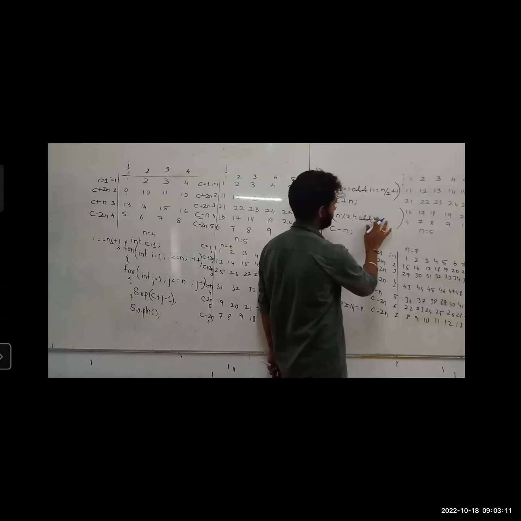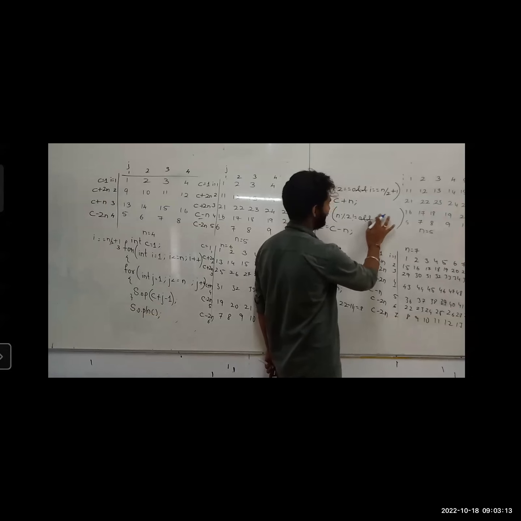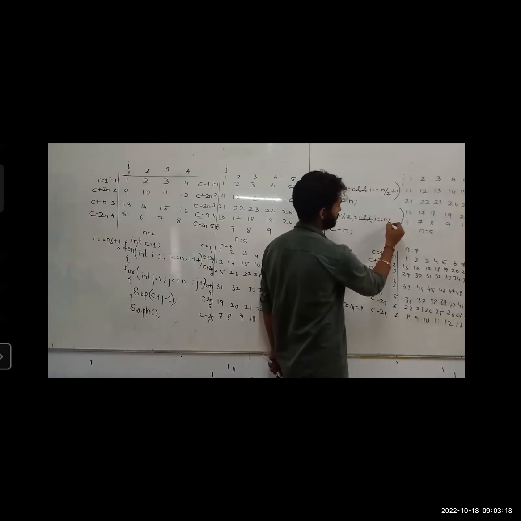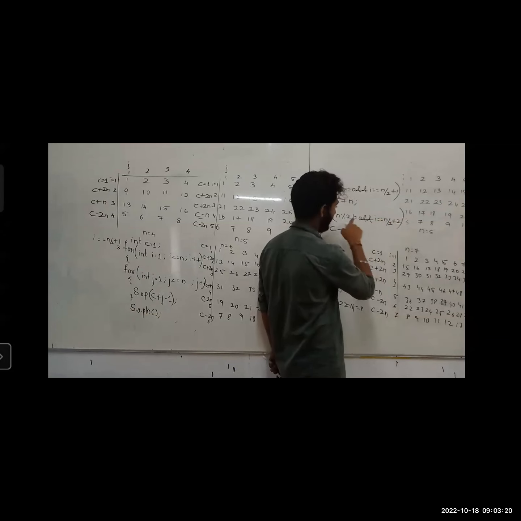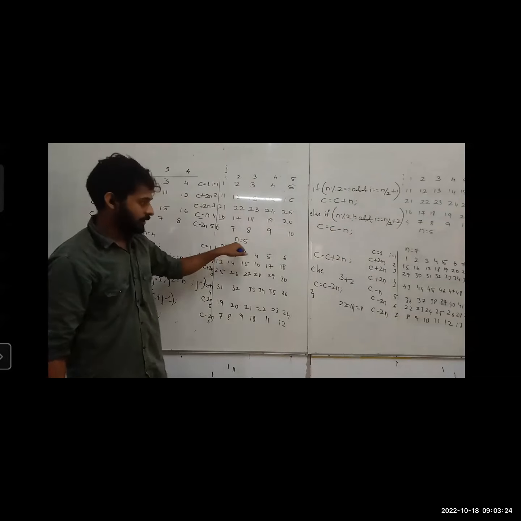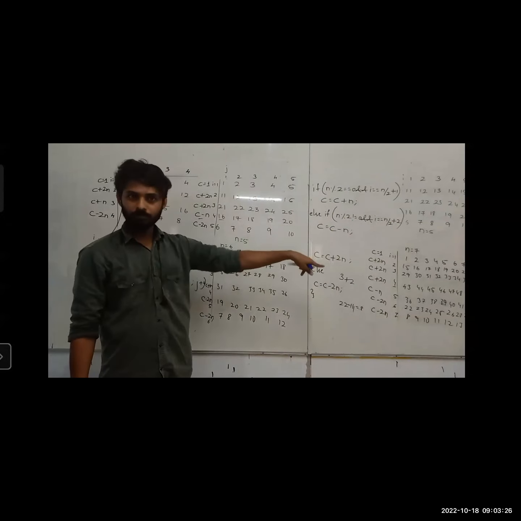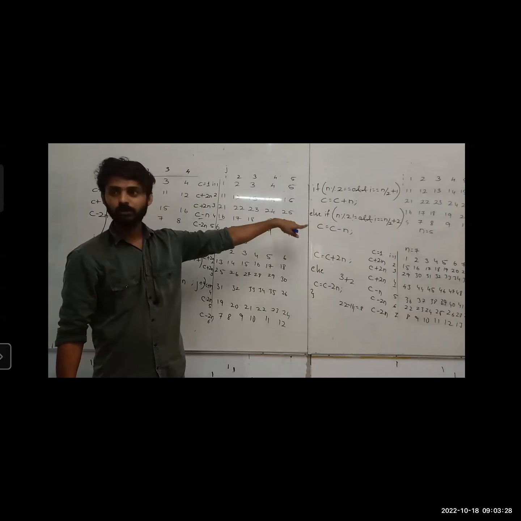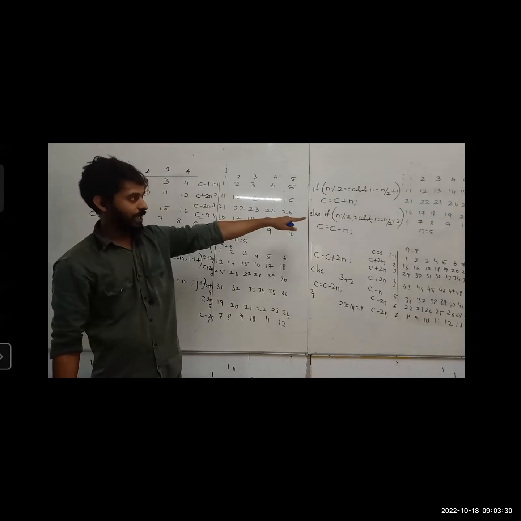I equal to N by 2 plus 2, when N value is odd. This one and this one, now you compare and check is it matching for both. And I value should be N by 2 plus 2.